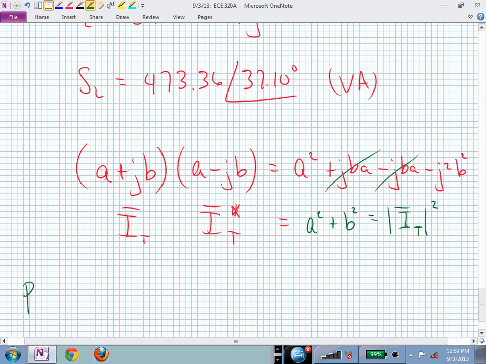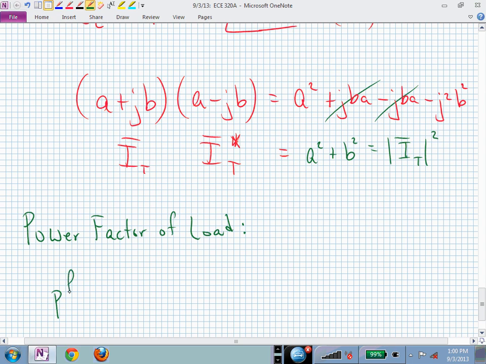If I now say the power factor of the load, which is PF sub load, that's really just this ratio of the real power divided by the apparent power of the load.